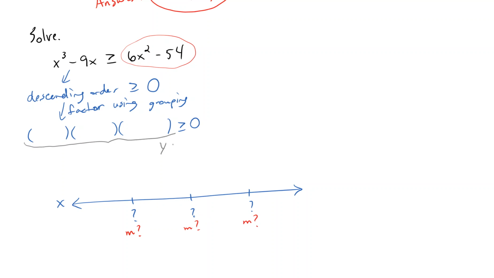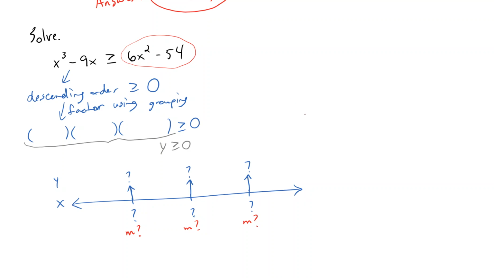We're going to give it a name, so we're trying to figure out when y is greater than or equal to 0. So let's list y above our number line and go ahead and determine the y values for each of these 3 particular x values. Okay?